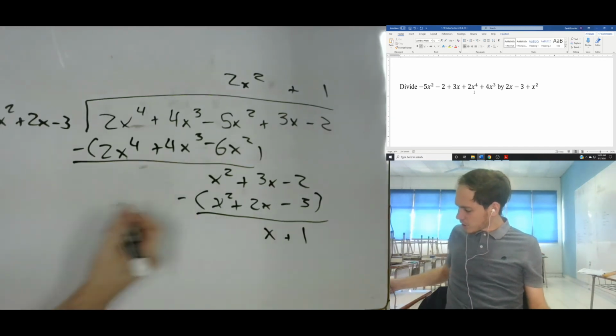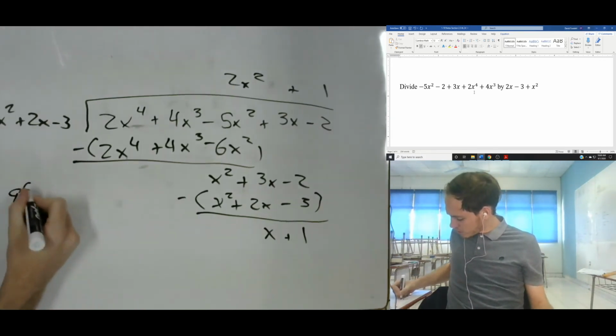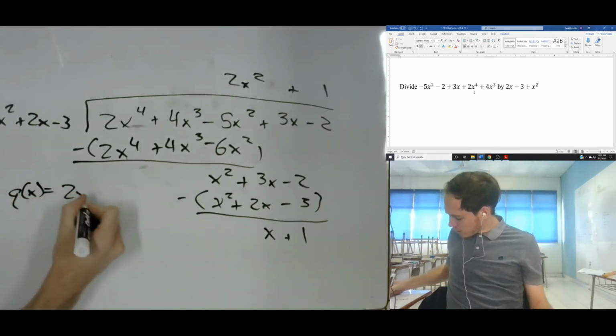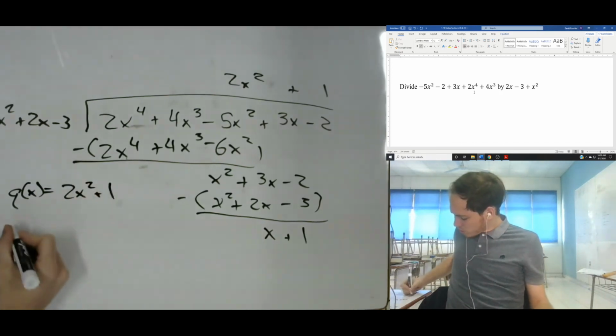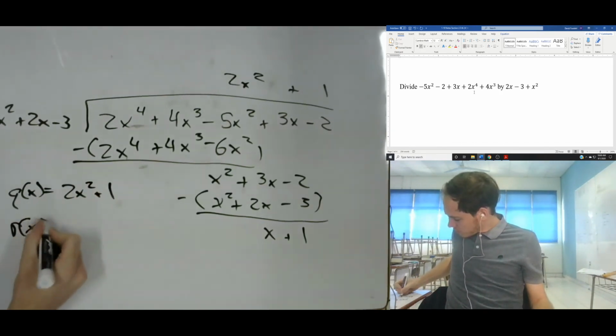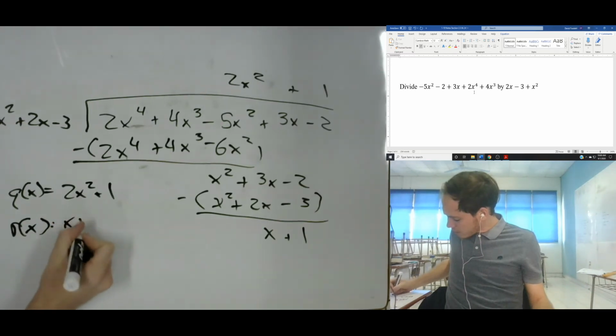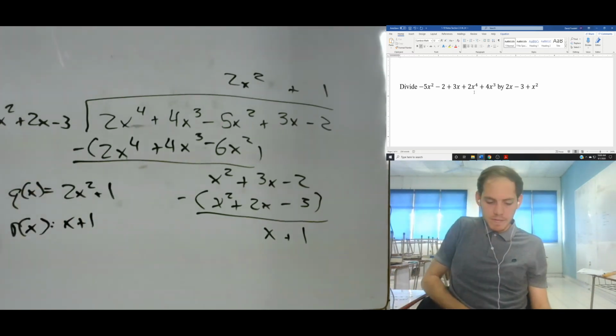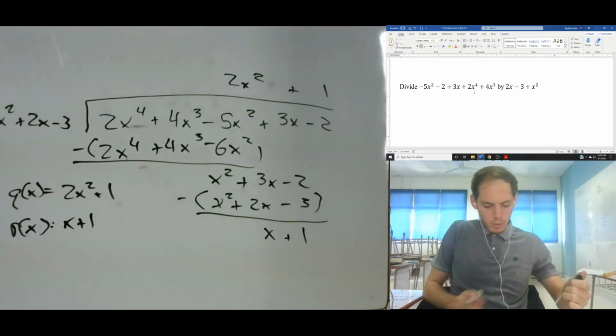Okay, so we have our quotient, 2x squared plus 1. We have a remainder, x plus 1. Okay, now you can write this multiple ways.